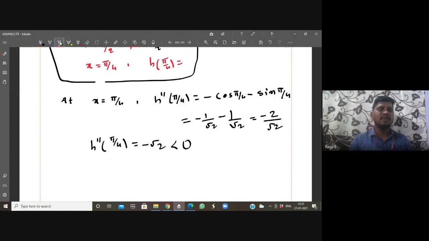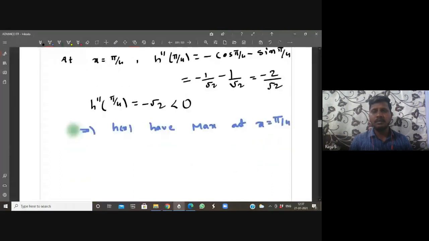So what about the function at pi by 4? Which implies h of x has a maximum or minimum? Maximum at x is equal to pi by 4. What is that local maximum value?